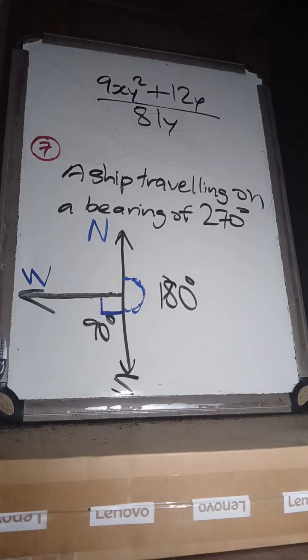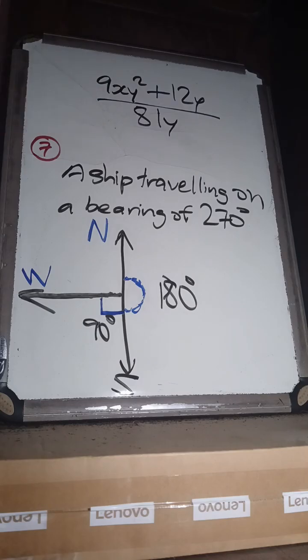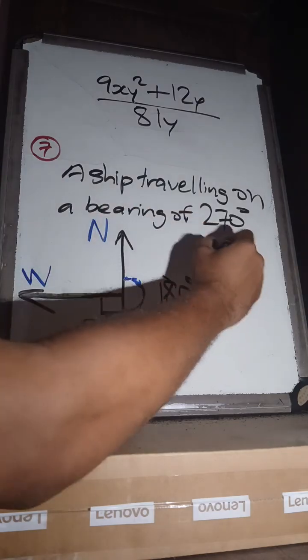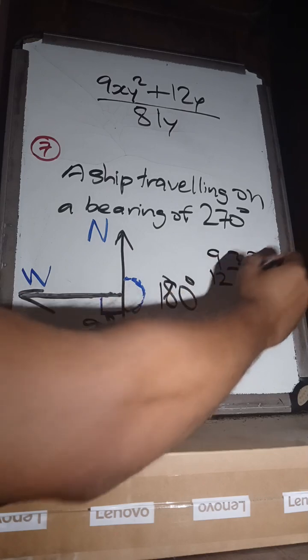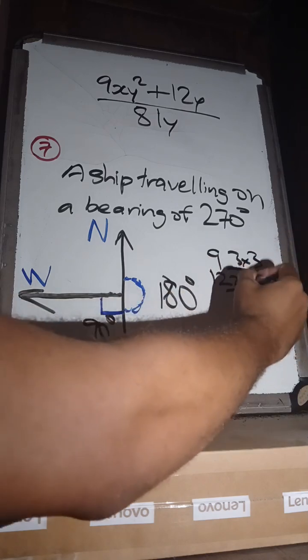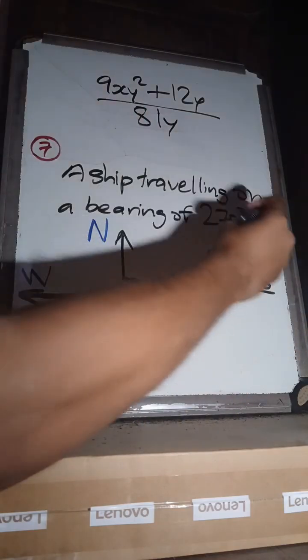So you can divide this by 3, that by 3, this by 3. If you were to write your 9 and 12, then your HCF would have to be 3.